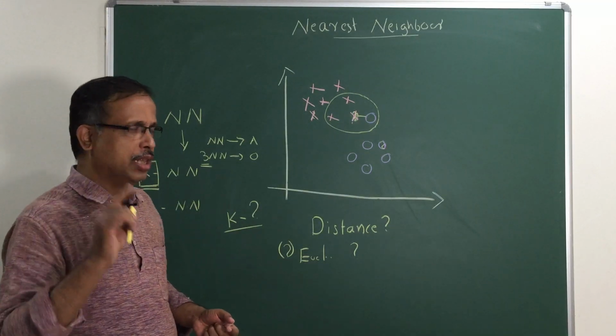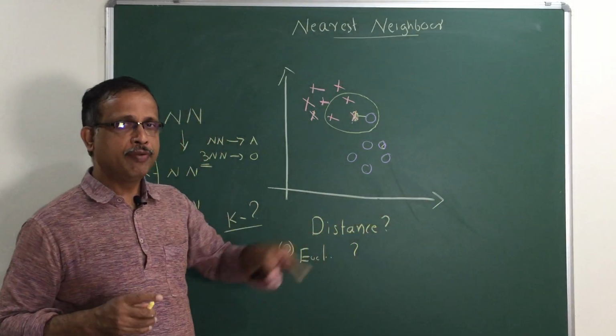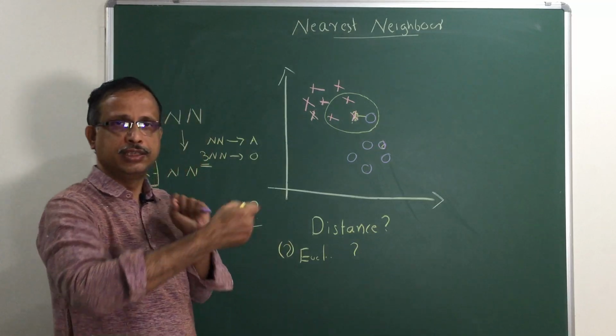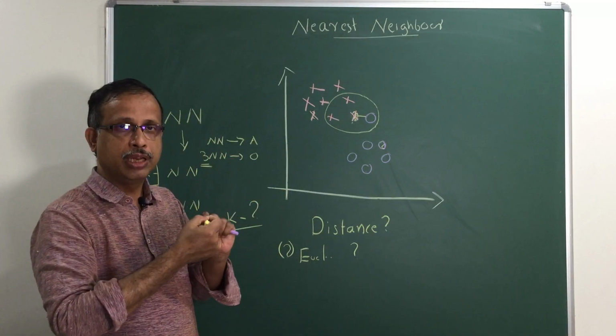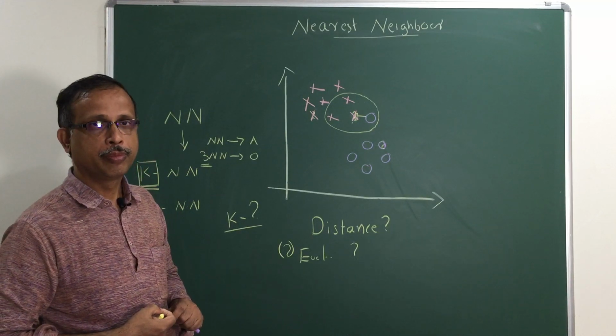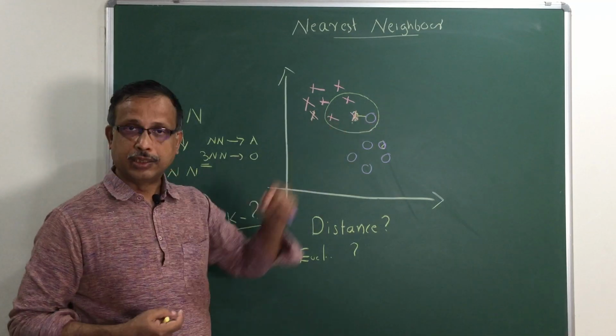You will also remember that when we looked at an axis, we never really tried to scale it. For example, assume this is a distance. Is this distance in millimeter or in kilometer? And that changes the distance.